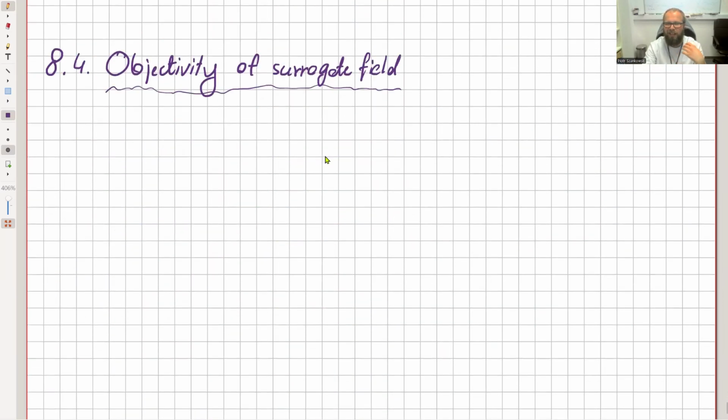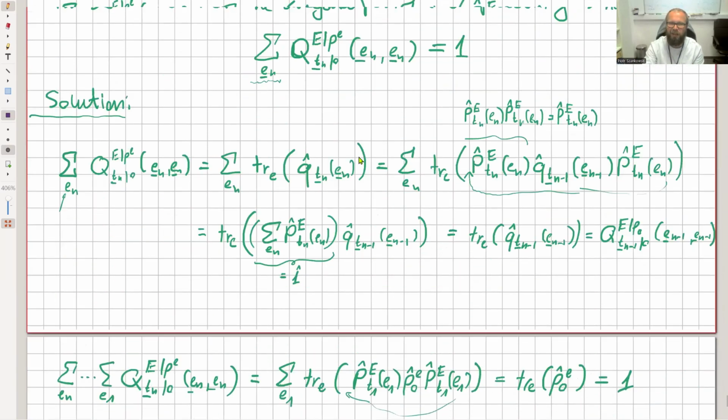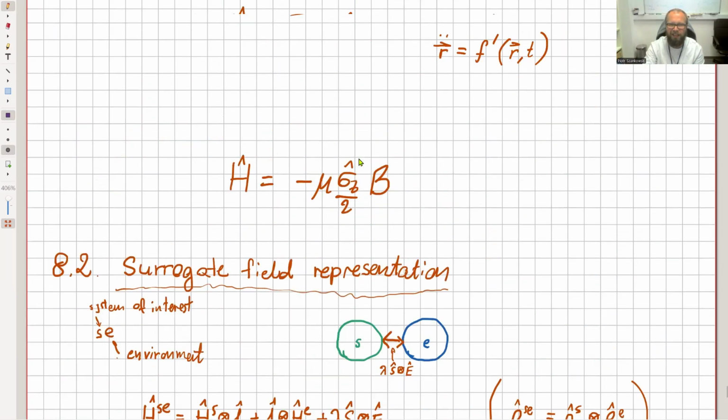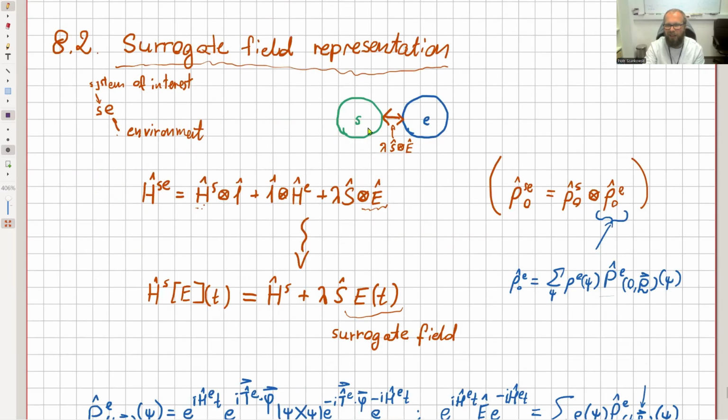If I replace my original system S with some completely different system S prime, but still couple it to the environment through the observable E, then S prime will experience the same surrogate field as the original system S. This reflects the fact that the validity of the surrogate field representation is just a property of the environment.